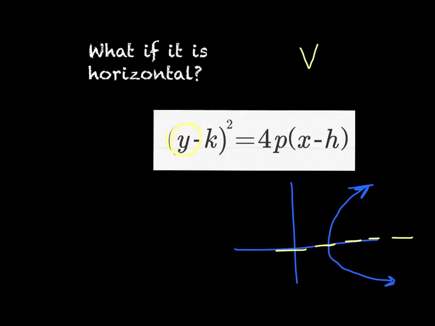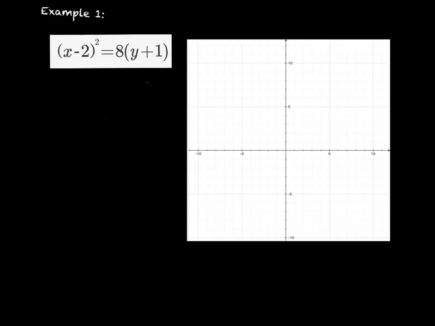The vertex of the parabola is the point (h, k), as you can deduce now. And p is the distance between vertex and focus or vertex and directrix. And basically that's all. So let's see an example.